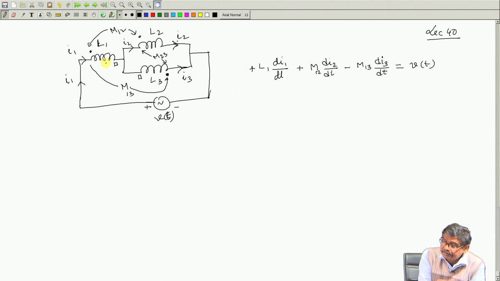This is the equation in the first loop. In this loop, you start from anywhere, for example, here.